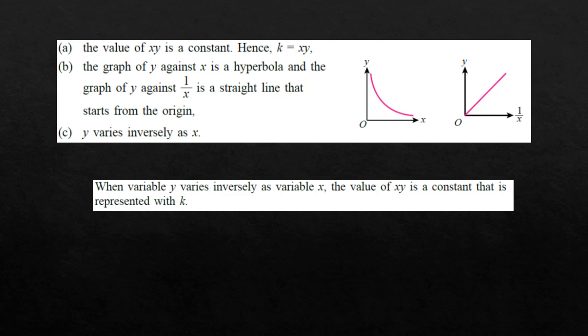So class, once again, the value of xy is a constant if it is an inverse variation. Why?